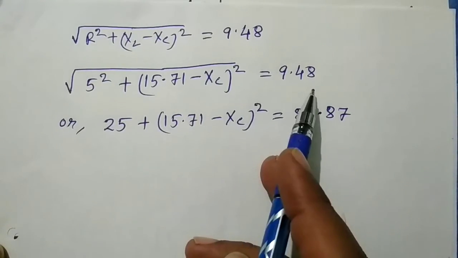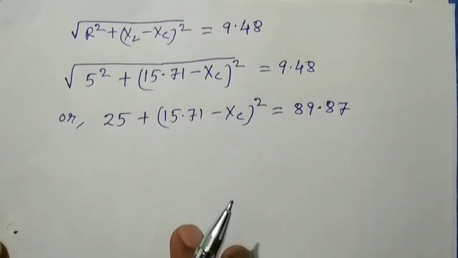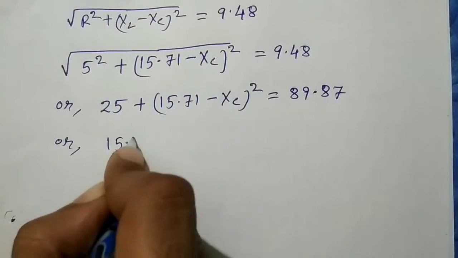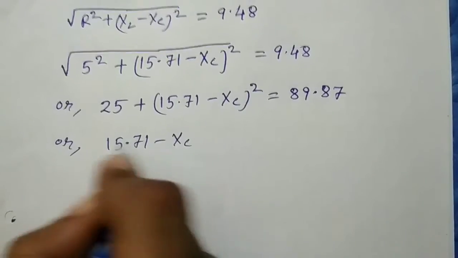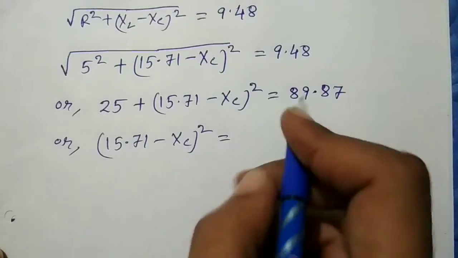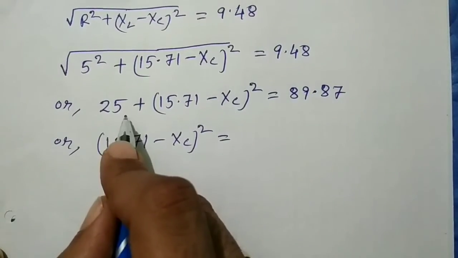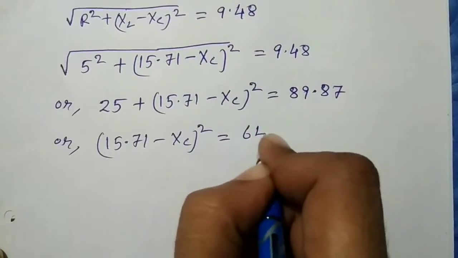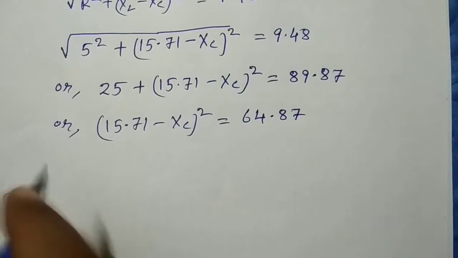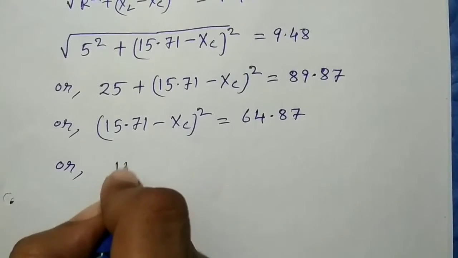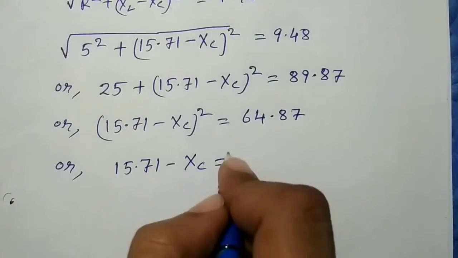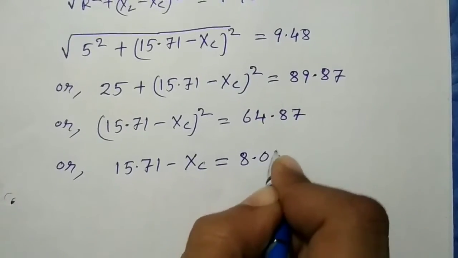We square both the sides, so this will be the value, or 15.71 minus XC whole square is equal to 89.87 minus 25, so it will be 64.87, or 15.71 minus XC will be 8.054.